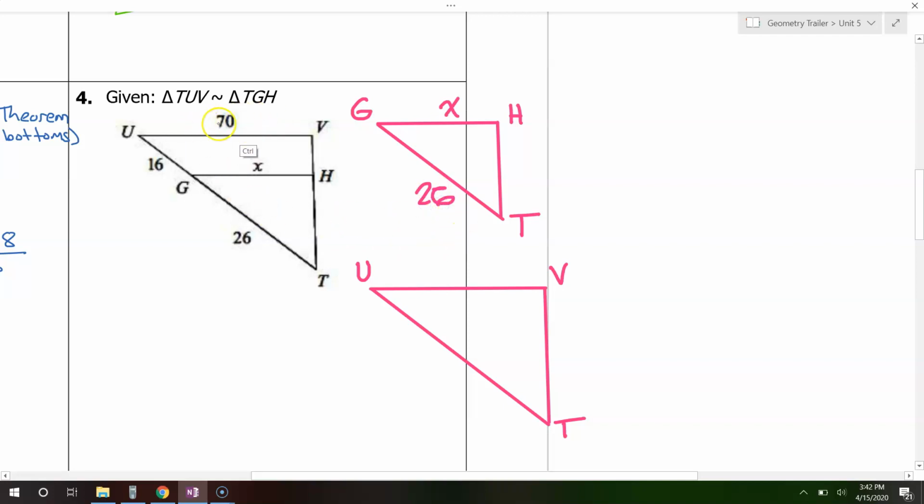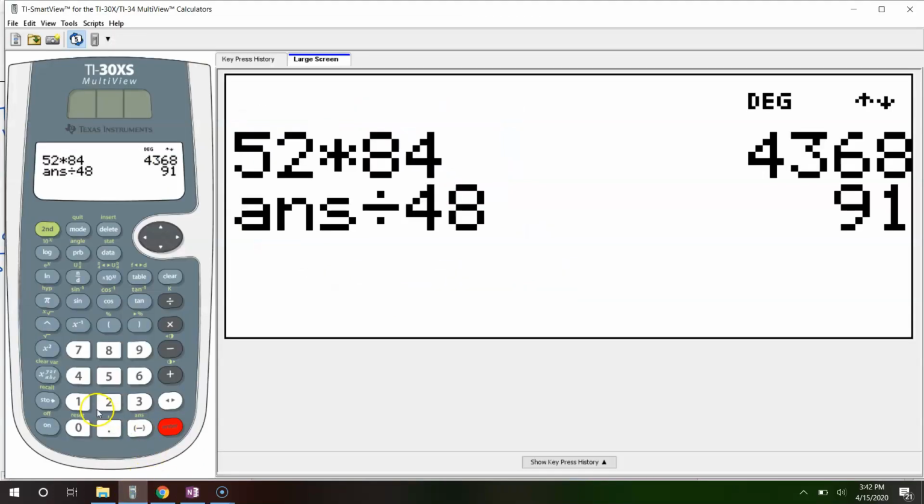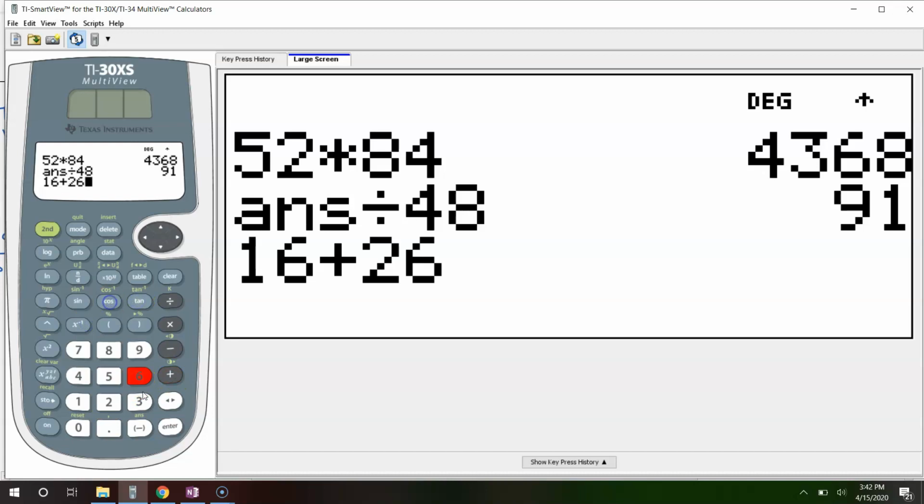On the large triangle, I see the 70 up here. So there's my 70. Now, what about this UT? Be careful because UT is the 16 and the 26. So that's going to be 42 because I'm doing 16 plus 26.